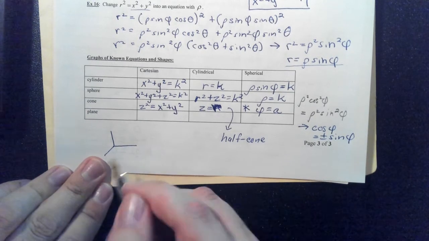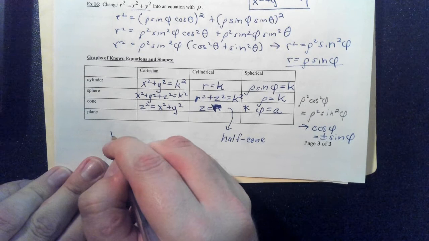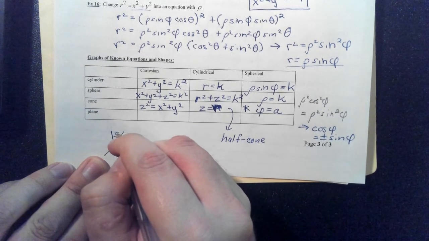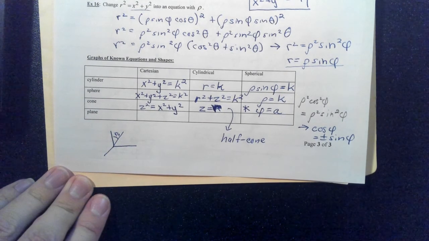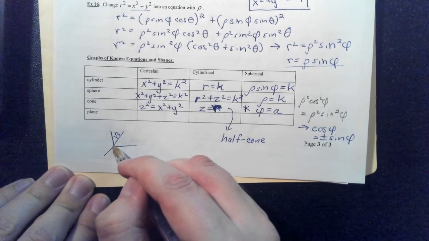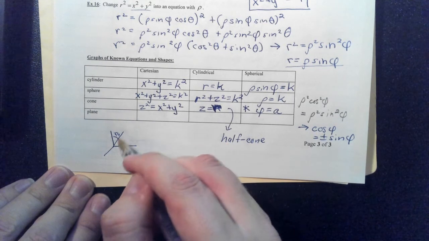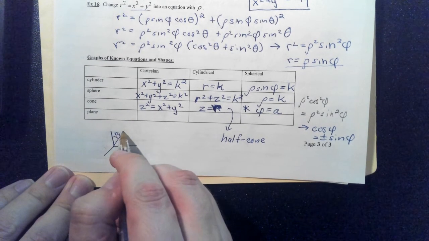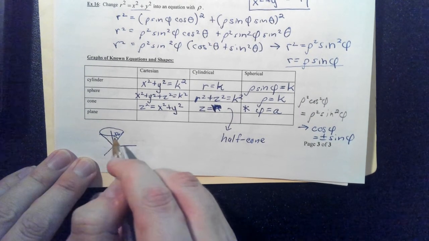If I'm in 3 space and I tell you phi equals pi over 3, then that means I come down pi over 3 from the z-axis. Since I haven't said anything about rho or theta, that means they are allowed to vary, which means I can go anywhere along this segment and I can rotate anywhere around the z-axis, which would give me one nappe of my cone.